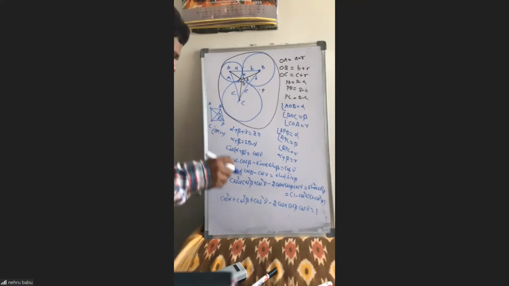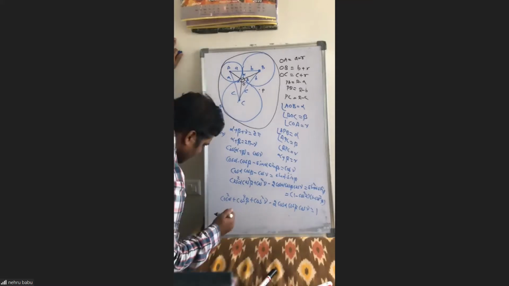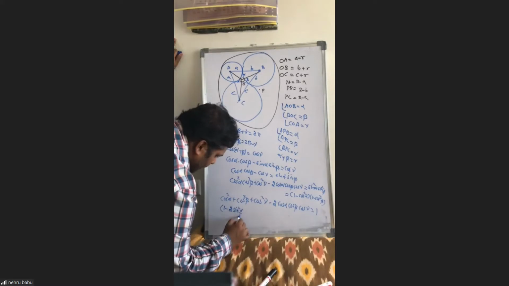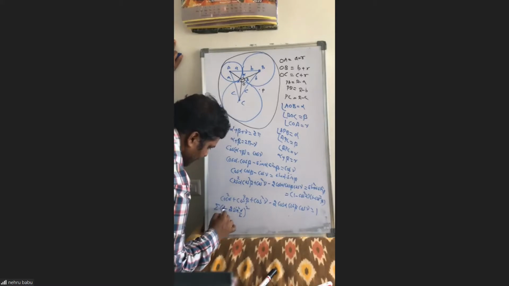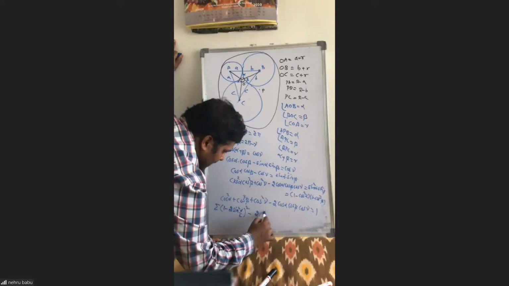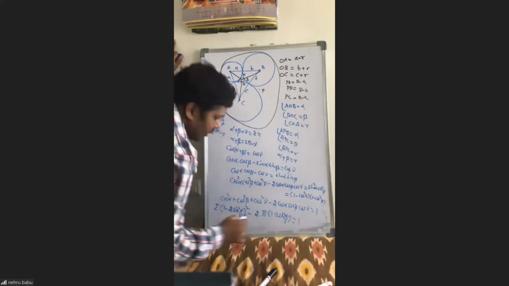So here, cos square alpha, the next step I am doing is, cos square alpha is 1 minus 2 sin square alpha by 2 whole square, like here sigma, minus 2 into, here also cos square alpha by 2 is the product of 1 minus sin square alpha by 2 equal to 1.